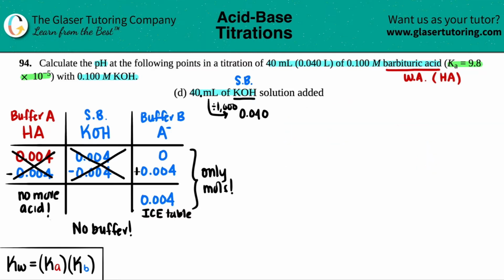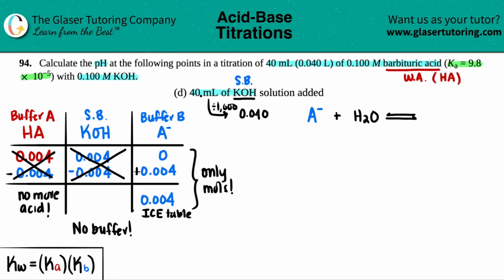I'm just going to erase this math because I want to have that space to work with the ice table. Thank you. Now we're starting with this amount, only the base, because now it has to come back to equilibrium. So A minus, and remember it's a base, so you have to add water.